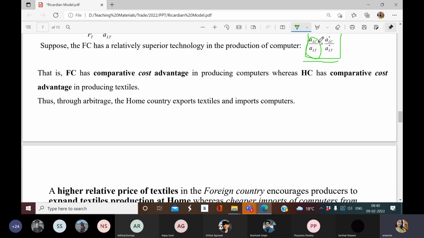So if cost is less, price will also be less. If the home country can produce textile cheaper and the foreign country can produce computer at a cheaper cost, then the home country will buy computer in exchange for textile. In the home country there will be excess supply of textile, and there will be excess demand for textile, so price will change accordingly, right?